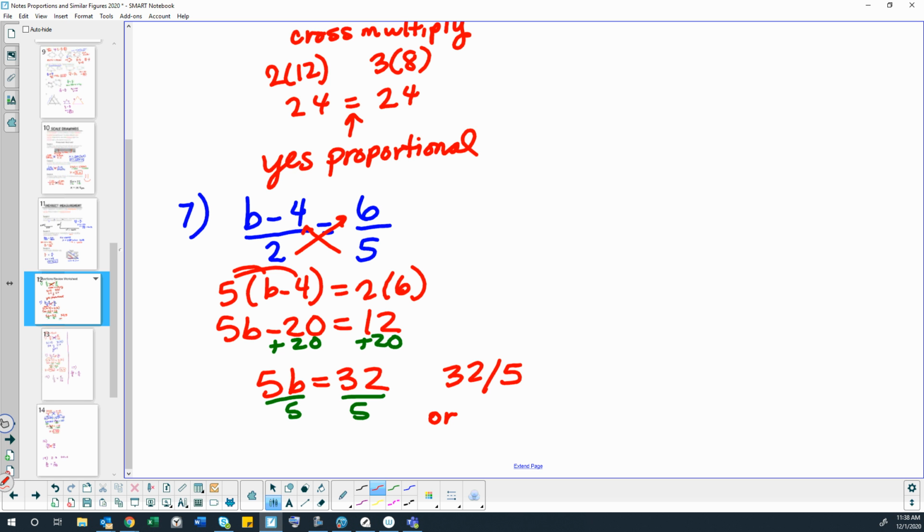So 5 goes into 32 6 times, and we'll have 2 left over, so 2/5 is a 0.4. So either way that you type that into Canvas, it should correct it and give you the points for that problem. So there is how you do 7, 8, 9, and 10. 9 and 10 are a little more complicated because you have to do the distribution stuff on both sides of the problem and move things from both sides.